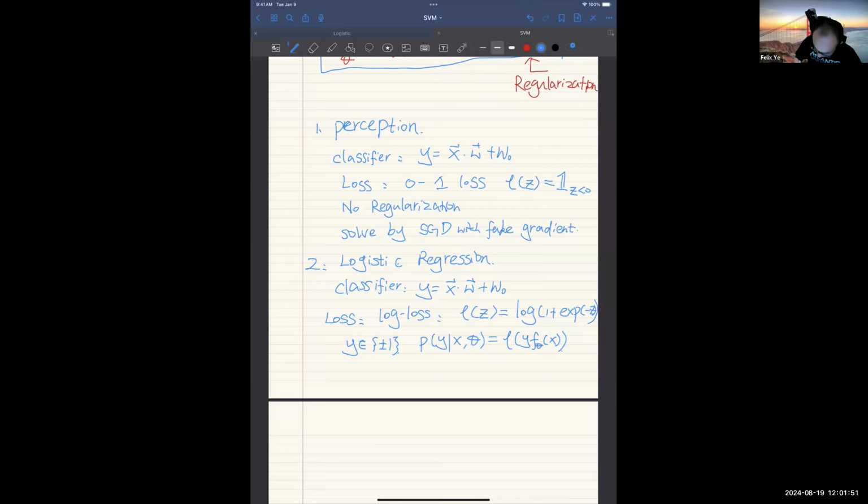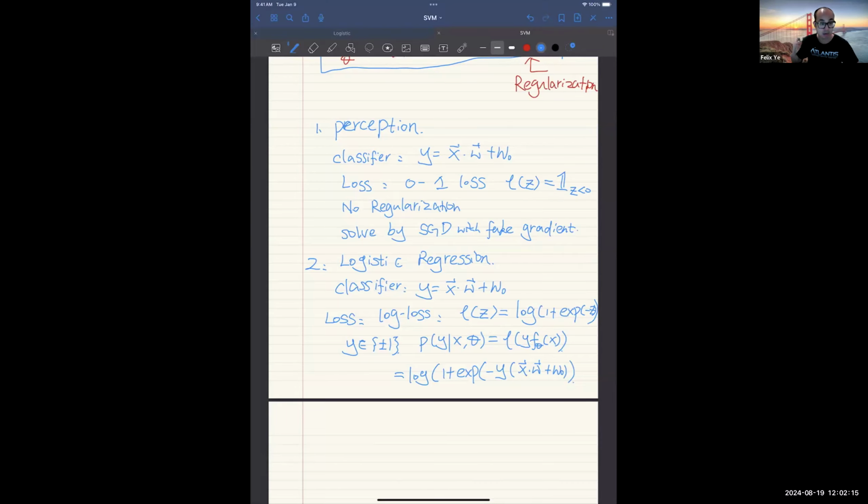This says I have log of 1 plus exponential of minus y times (x w plus w0).